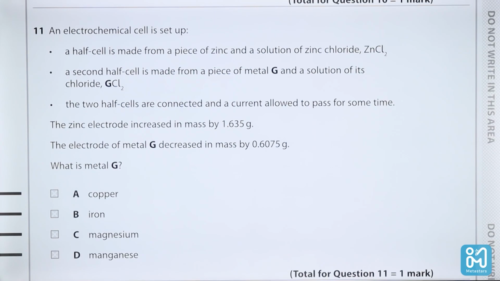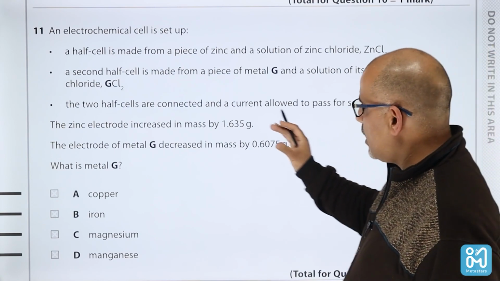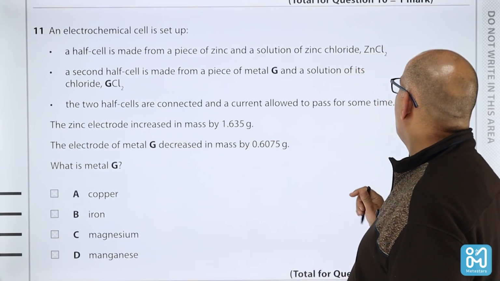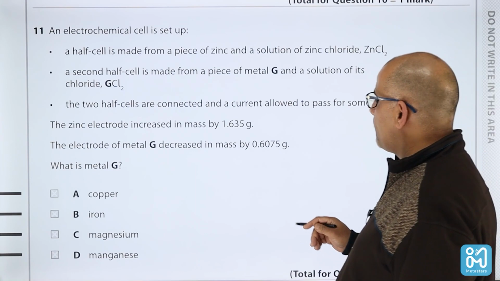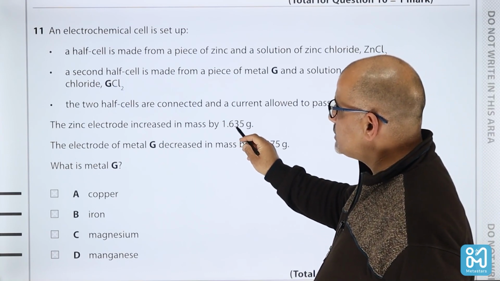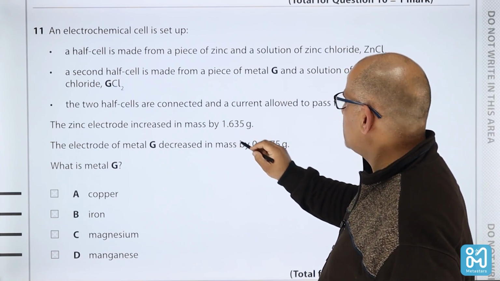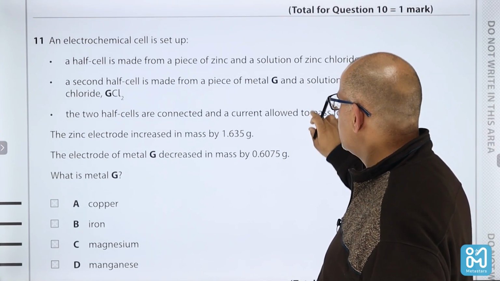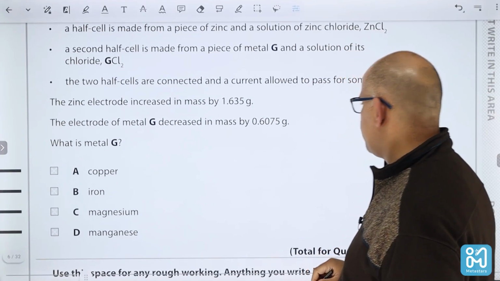It's very easy. If you find out the mass that increased for zinc, what are the moles of the zinc?